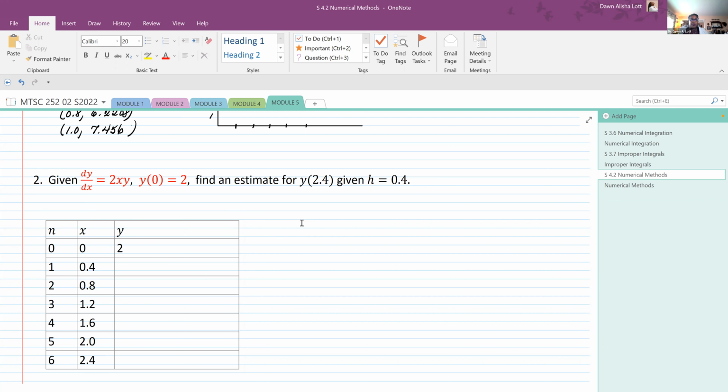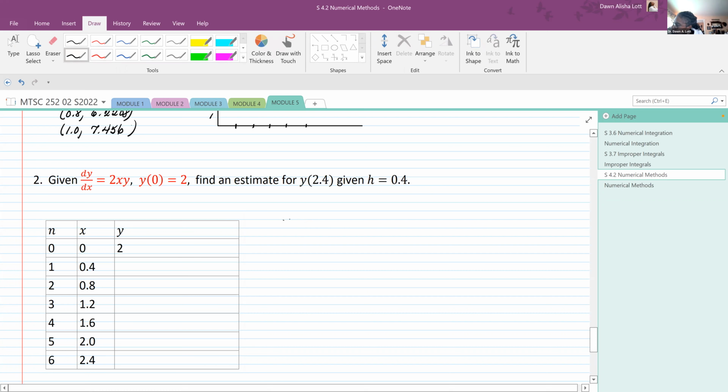So the first thing we need to see, again, is that yn is equal to y at n minus 1 plus h times f of xn minus 1, yn minus 1. So what is f in this problem?